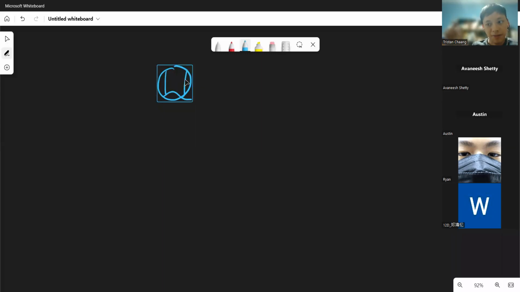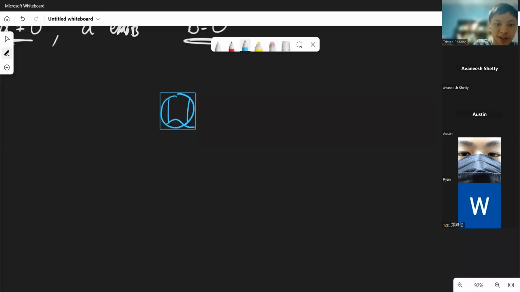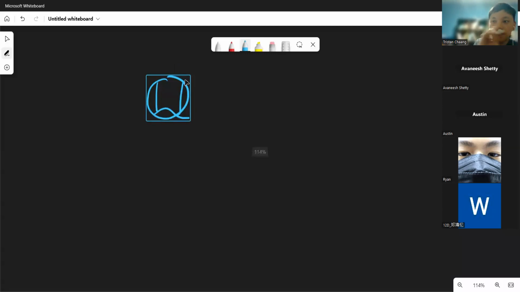Remind yourself that this is a field because every non-zero rational number has an inverse: p over q becomes q over p. If we only know about Q, and we don't know about the real numbers, that means we don't know square root 2 exists. We don't know that square root 2 is 1.414 and so on.